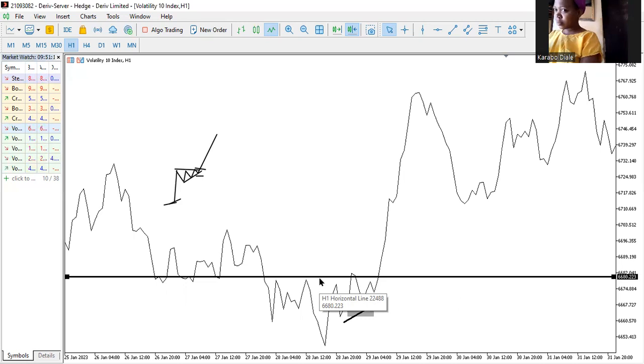Let's go back again. I have to look for this so that you guys can be familiar, not only in the market, so you take advantage.